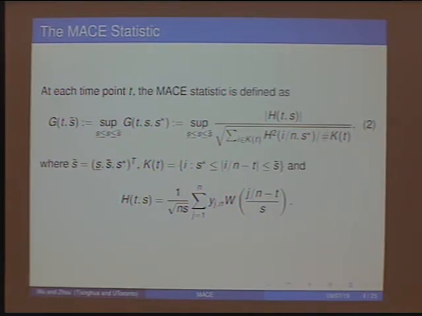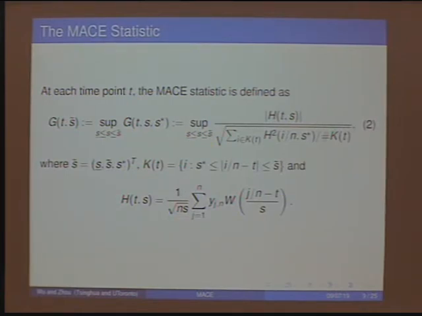So this H function is the application of the wavelet W to your time series at time t and at scale s. Then you do a studentization of this H, but you have to take this over all possible scales from the lower bound to the upper bound.